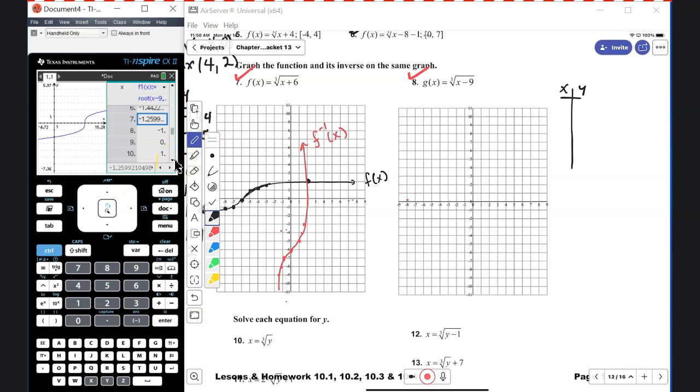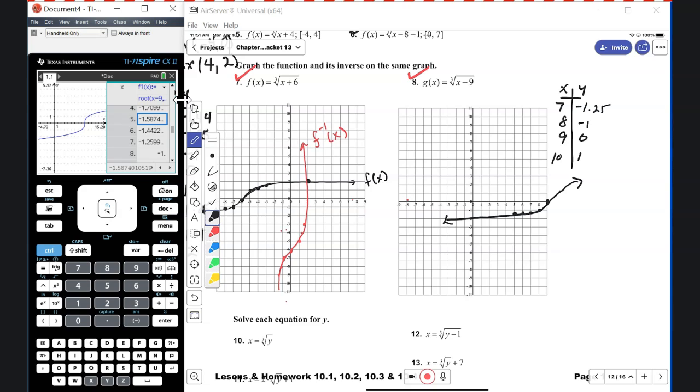We have x and y: 5, -1.5; 6, -1.4; 7, -1.25; 8, -1; 9, 0; 10, 1. So it looks something like this.